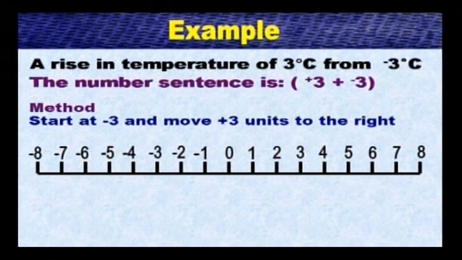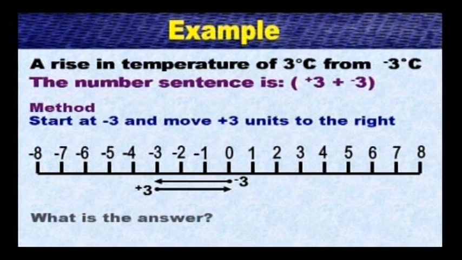So let's see how it is shown on the number line. From 0 we move negative 3 places to the left, and then plus positive 3, starting from negative 3, we move 3 places to the right. Now what is the answer?